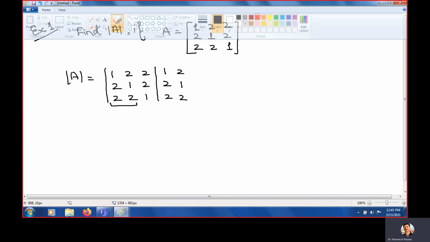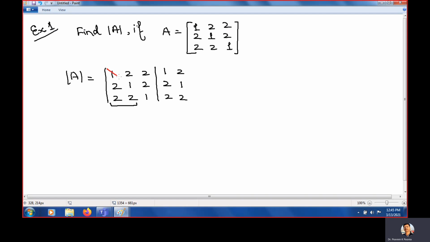As in the practice, take the first forward diagonal, second forward diagonal, and third forward diagonal. So multiply these: 1 into 1 into 1, that is 1, plus 2 into 2, 4, 4 into 2, 8, plus 2 into 2, 4, into 2, 8.